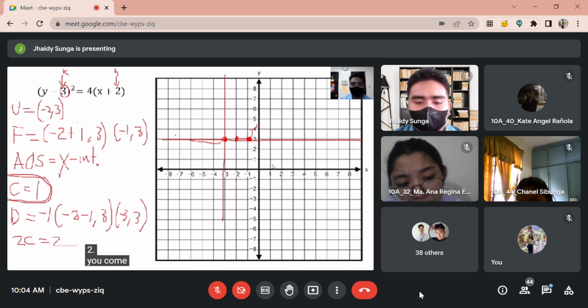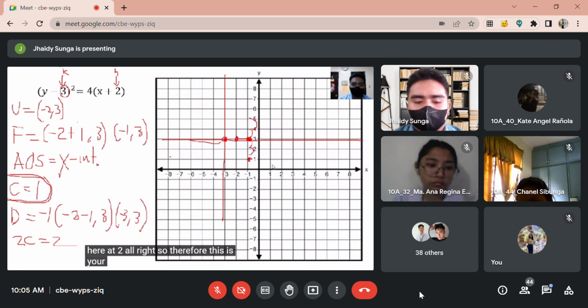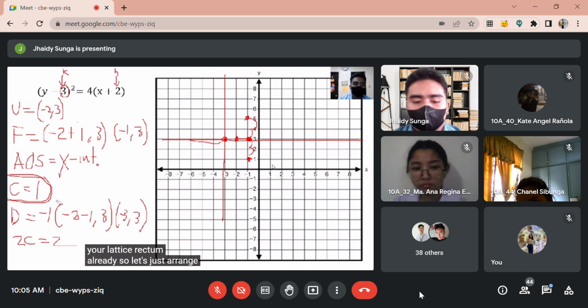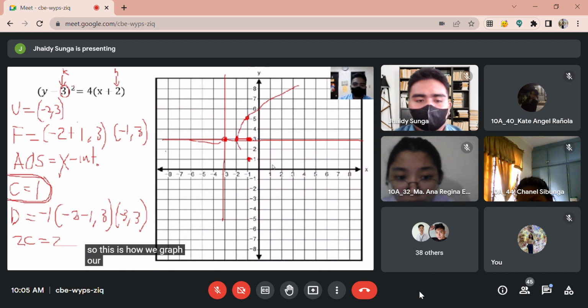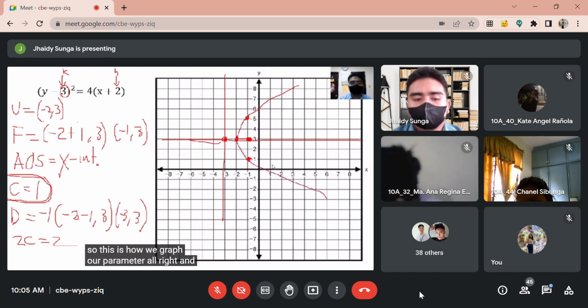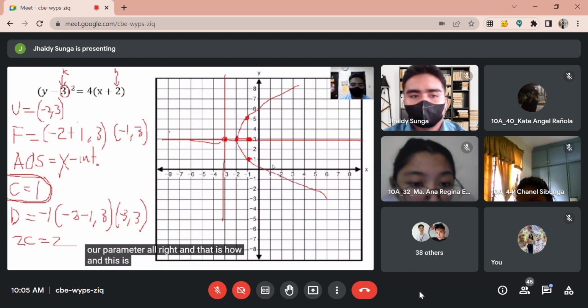So you count 2 here. Therefore, this is your latus rectum already. So this is how we graph our parabola, and that is our latus rectum.